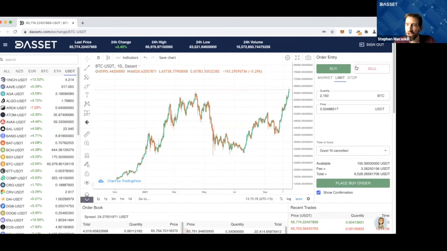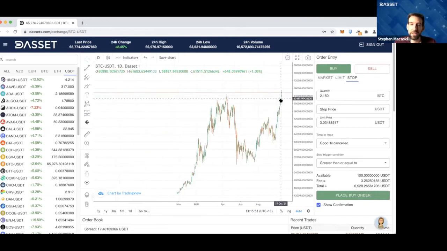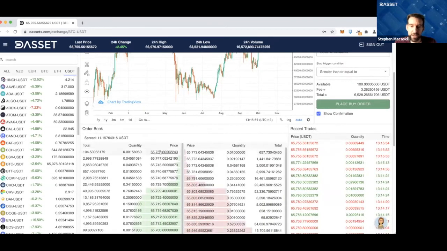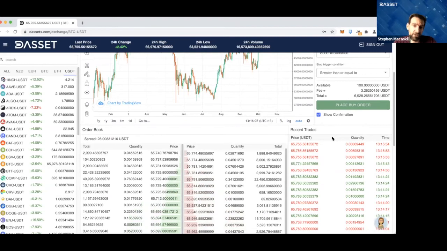And so a stop order is the ability for you to place orders based on certain conditions, where you're not adding liquidity to the order book until those conditions are met. Let's say Bitcoin is sitting around 65,000 US dollars. You bought Bitcoin at $65,000, and you are going to bed, or going to do anything else in life.